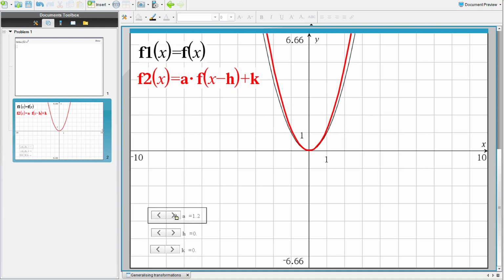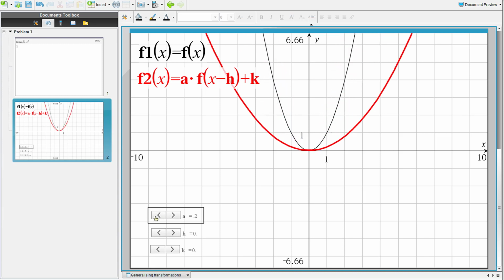So we know a, when we increase a, that's about dilating away from the x-axis. If we made a fraction, it's going to mean that the graph gets wider and flatter. We're still dilating from the x-axis, but if you dilate from the x-axis by a factor of 0.2, as we are currently, you multiply all the y values by 0.2, they become smaller, and therefore the graph becomes wider and flatter and closer to the x-axis.